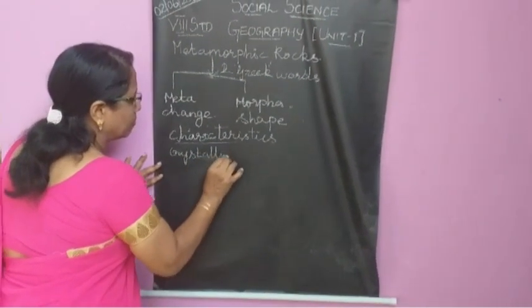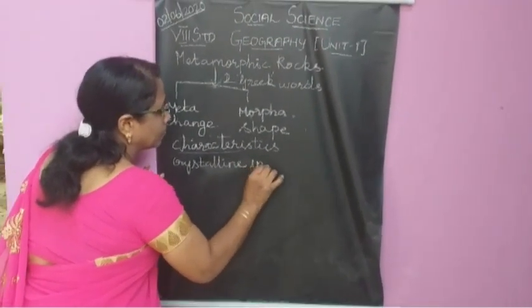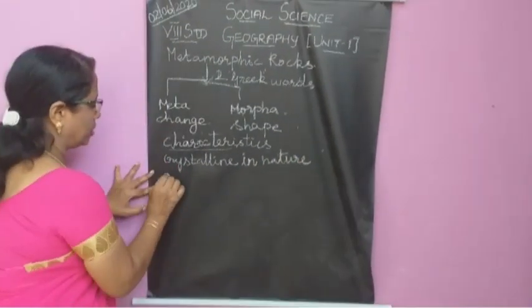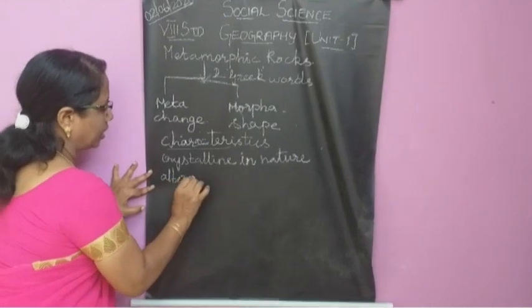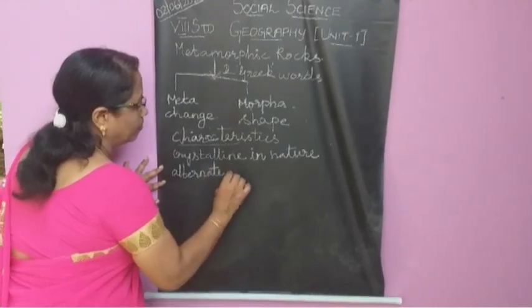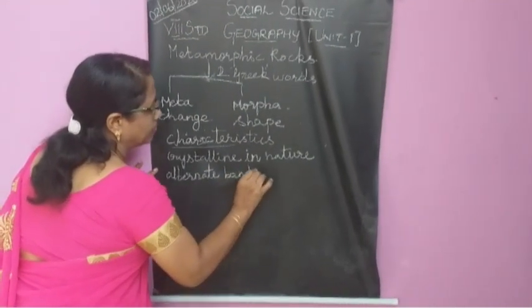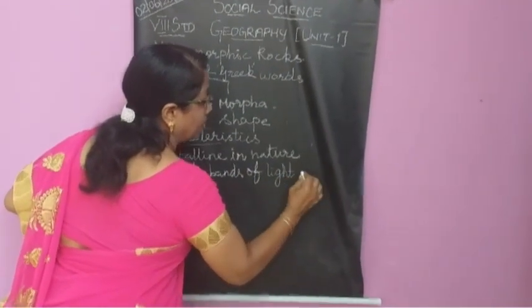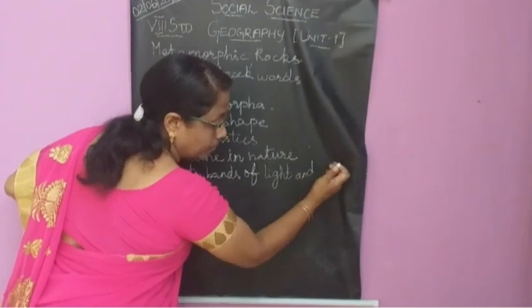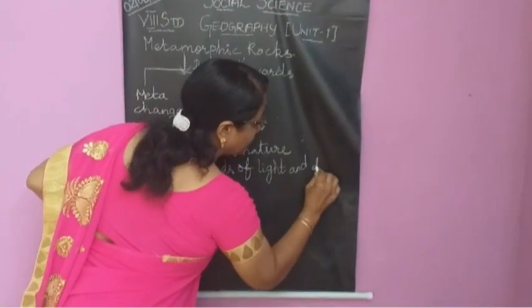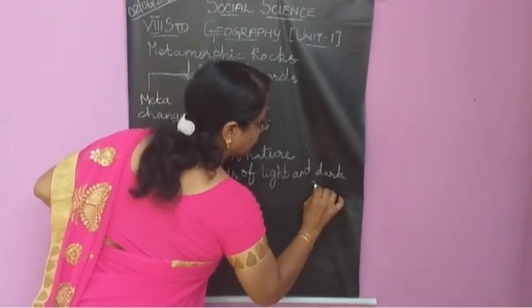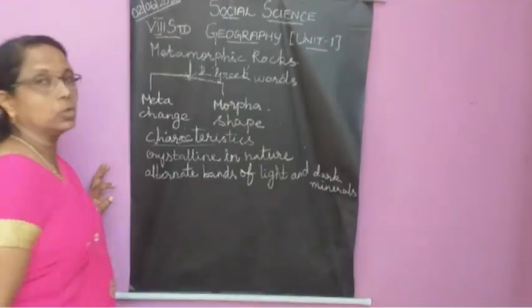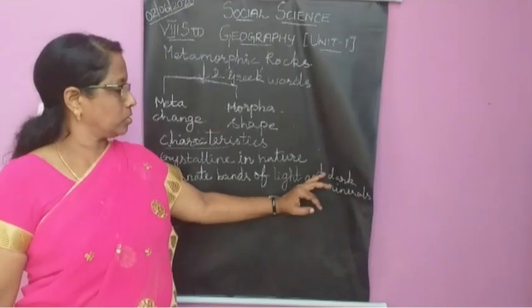Next, it consists of alternative bands of light and dark minerals. These are the two characteristics of metamorphic rocks.